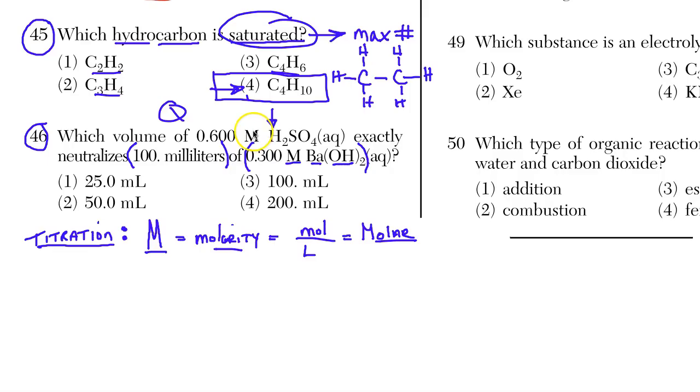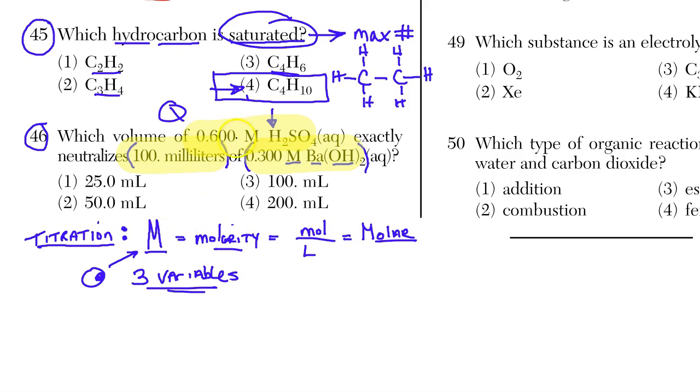Now, when you have a concentration and you see big M, and you see three variables, I mean you see, hey, I have a concentration of one chemical, I have a volume of another, and a concentration. There's three variables right there.